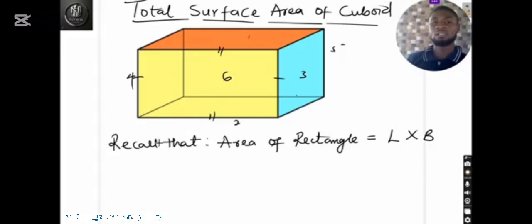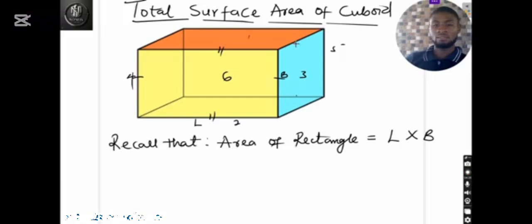How do we calculate the sides? So remember that unlike cubes, the sides are not equal. Now, if you study, we can take this to be the length and here to be the breadth. Now, what do we take this part of this keyboard to be? Length, height, breadth.